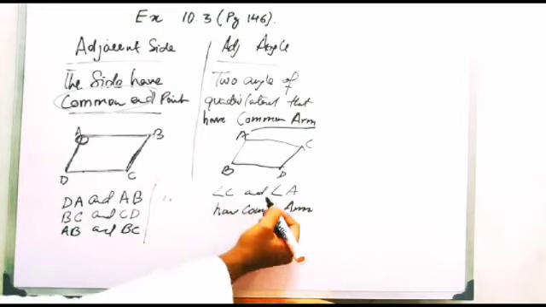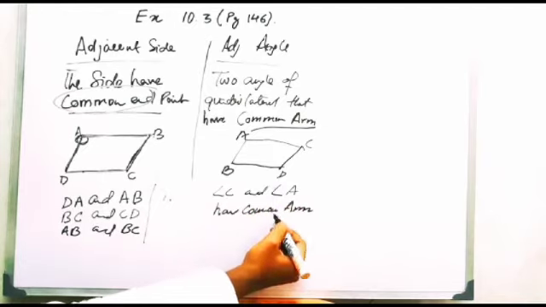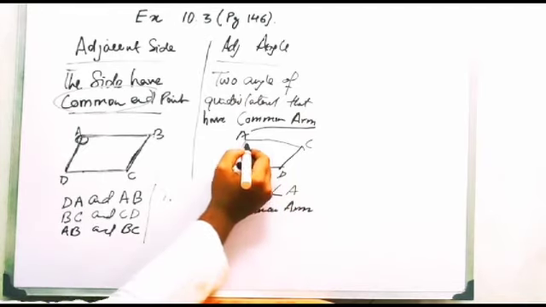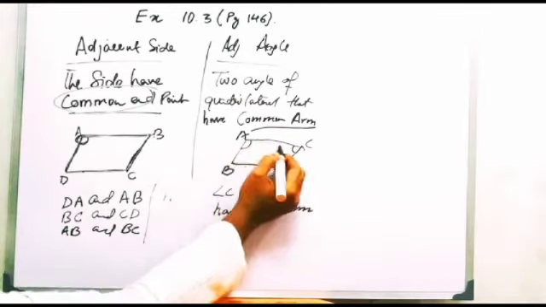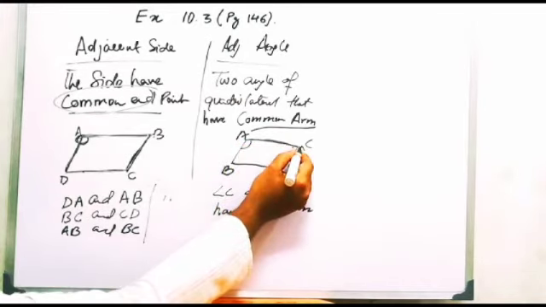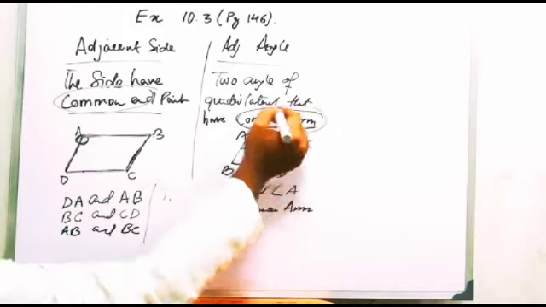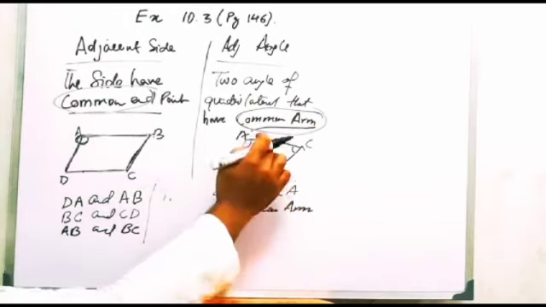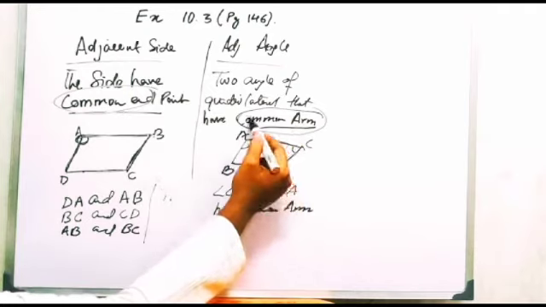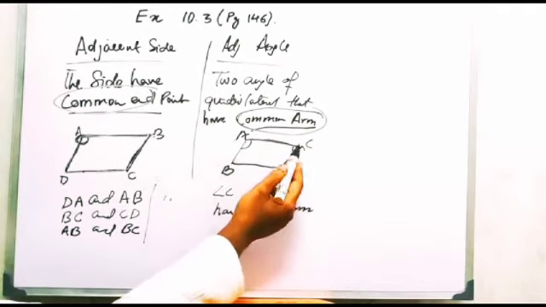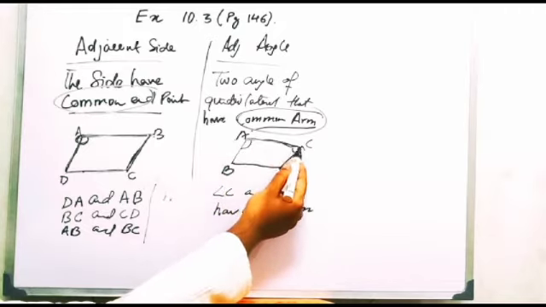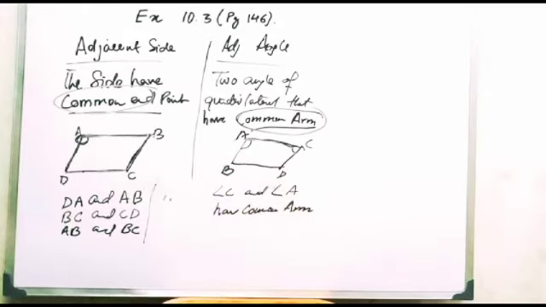Angle C and angle A have common arm. Okay, look, this one is angle and this one is angle. Both these angles are sharing this common arm. As I told you before, the quadrilateral which share common arm. So here angle A and C sharing common arm. So this is an adjacent angle.